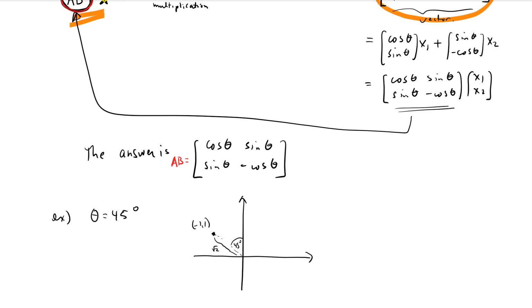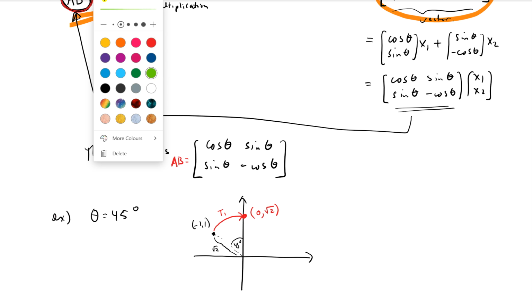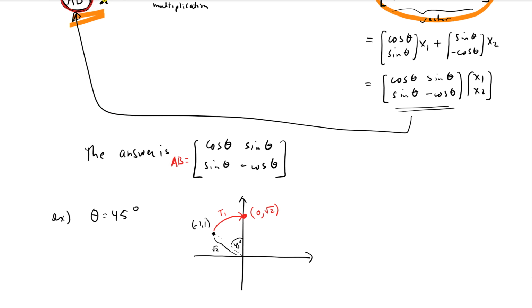So if I rotate, so I apply T1, I'm going to end up here. So this has an x value of 0 and a y value of root of 2, because as you rotate, the distance to the origin of that point is not going to change. So 0, root of 2, and then after that we are going to reflect across the x-axis, so that will take us down here, to 0, minus root 2.